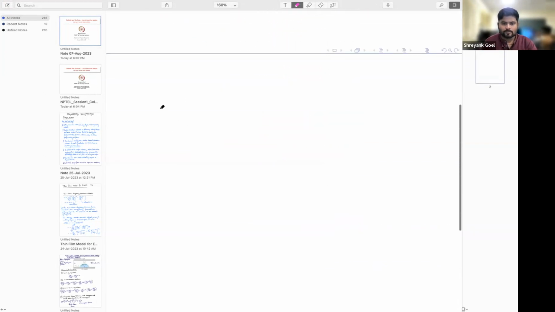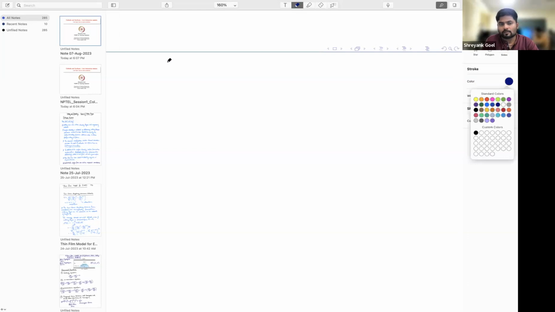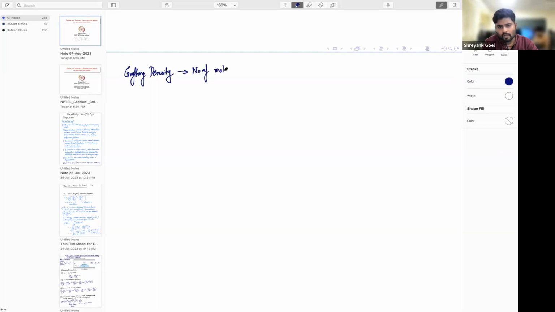That is grafting density, which means the number of molecules grafted on a colloidal particle divided by the total area of the particle.